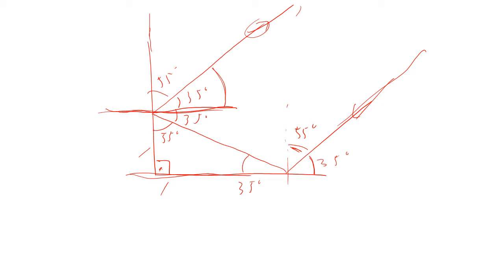Now this is actually an interesting thing, because imagine radar coming in. If radar comes in, bounces off, it's going to go right back where it came from. Anytime you have two perpendicular surfaces, it makes it easy for the radar to reflect back to where it came from.